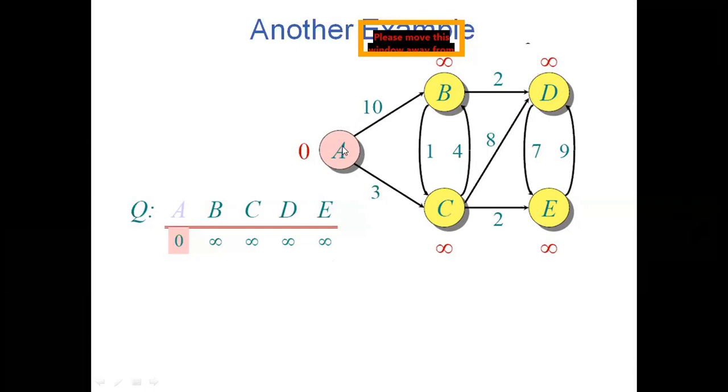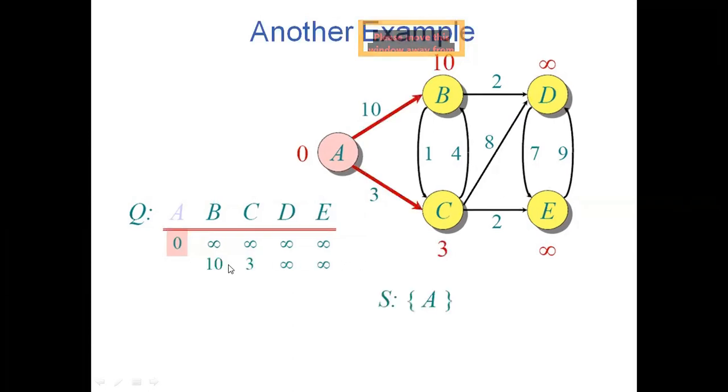At vertex A, the remaining vertices, initially we are initializing with infinity. After that, from vertex A the direct edge from A to B is 10 and A to C is 3. So these two are directly connected vertices.